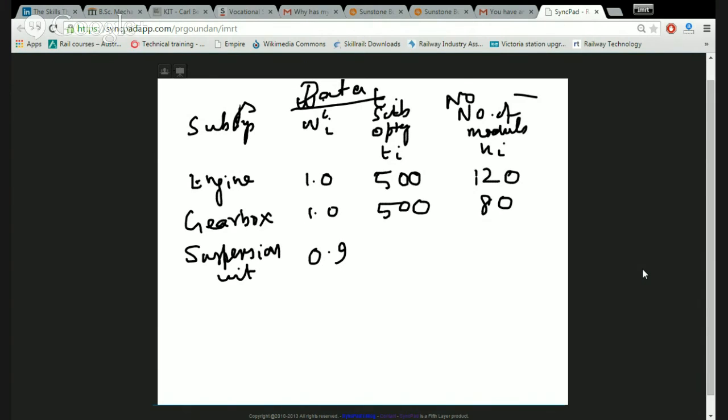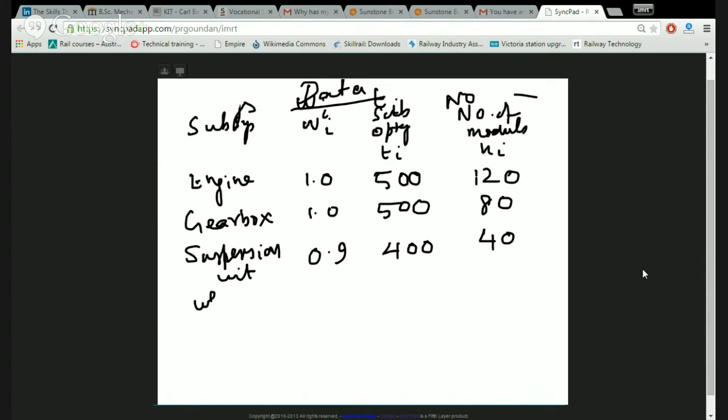Poor suspension, still the vehicle will move. So there is a 90% probability only, and 10% it can survive, maybe with more vibration. And it need not work for all the 500 hours. I can manage with, say, 400 hours. It has got 40 parts.